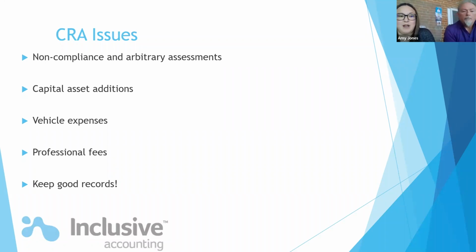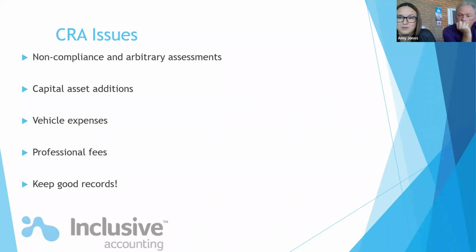Next one we're seeing right now quite a bit is vehicle expenses. So this is why it's super important to have a vehicle log of what you are driving for business purposes. So if you say you have vehicle expenses of $2,000, you better have receipts and a vehicle log, something that backs up that vehicle expense. CRA has been attacking that vehicle expense line.